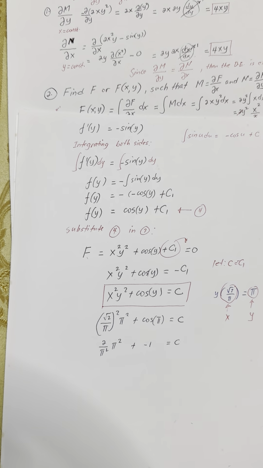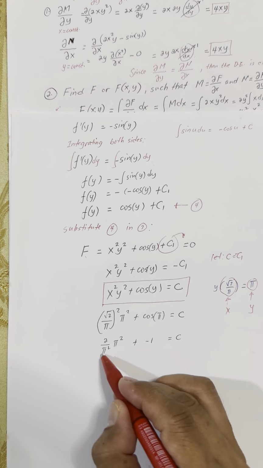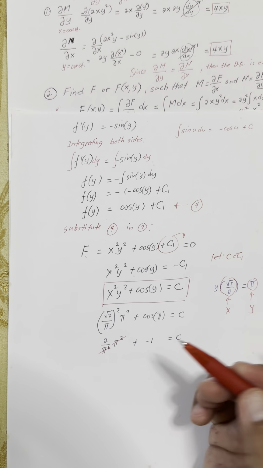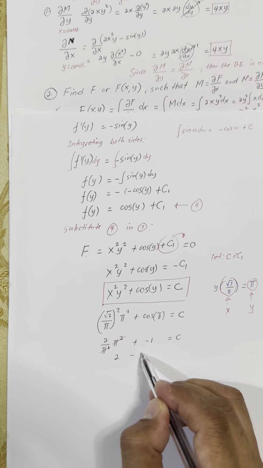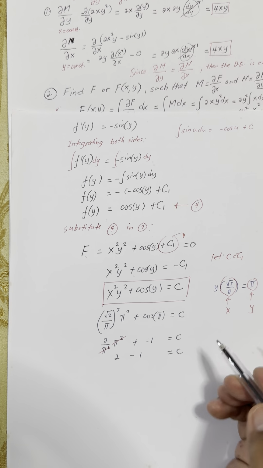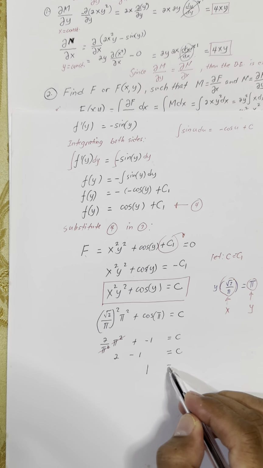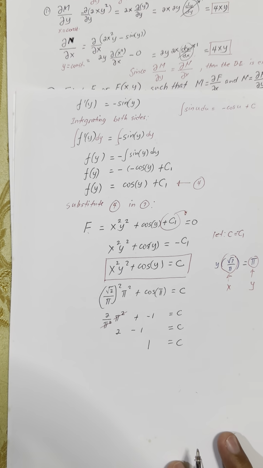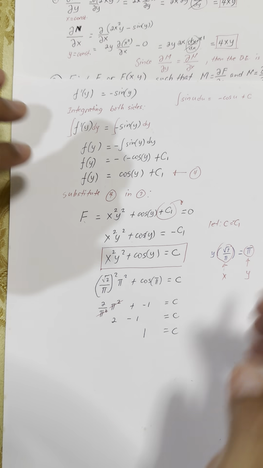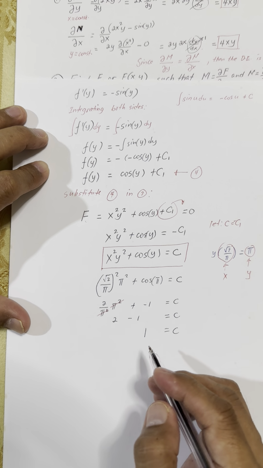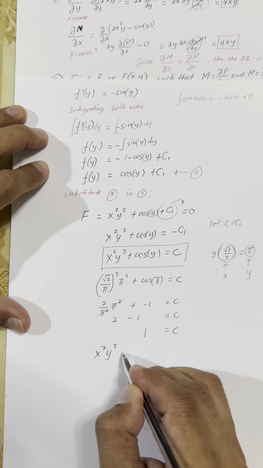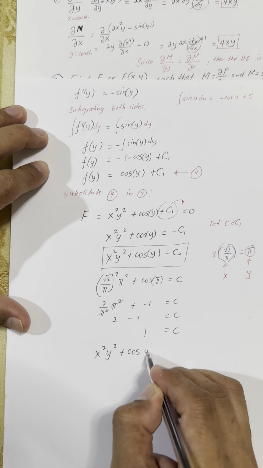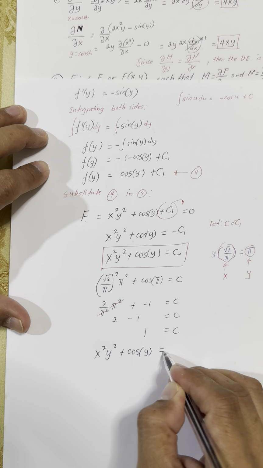So we have pi squared at the denominator, pi squared at the numerator, so that cancels out. So we have 2 minus 1 equal to c. So 2 minus 1 is 1, equal to c. So therefore, our particular solution is x squared times y squared plus cosine y, then equal to 1.